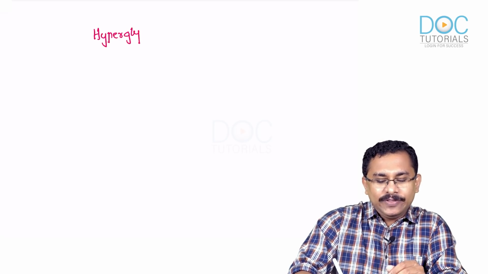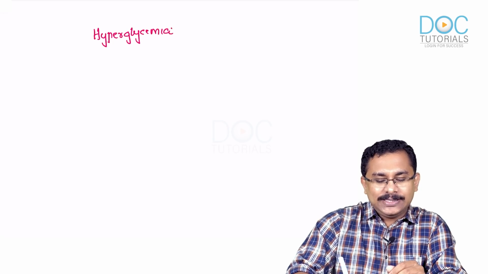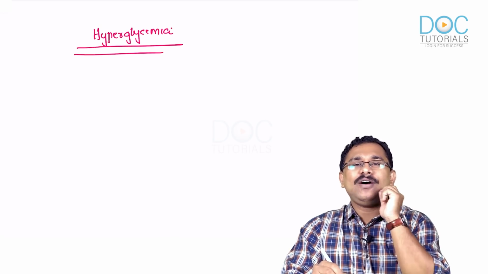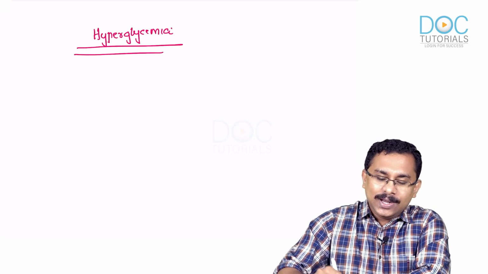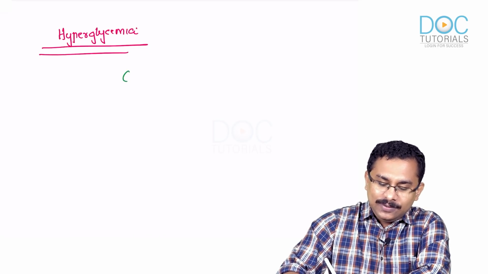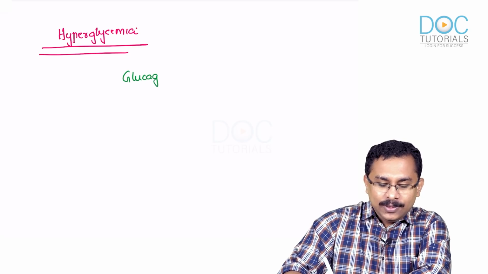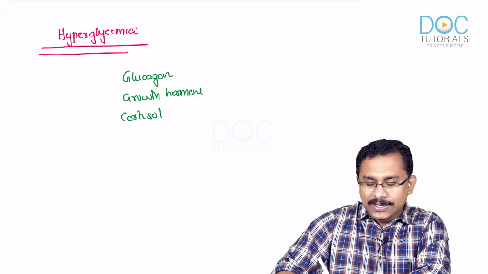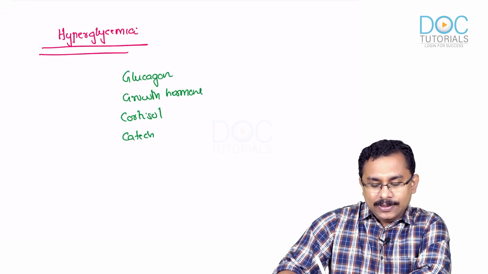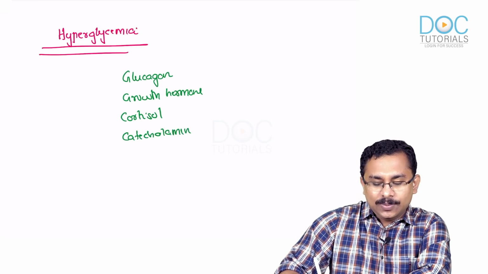So why should the level of the counter-regulatory hormones be increased? What are the counter-regulatory hormones? You have glucagon, growth hormone, cortisol, and also the catecholamines. These are the counter-regulatory hormones.